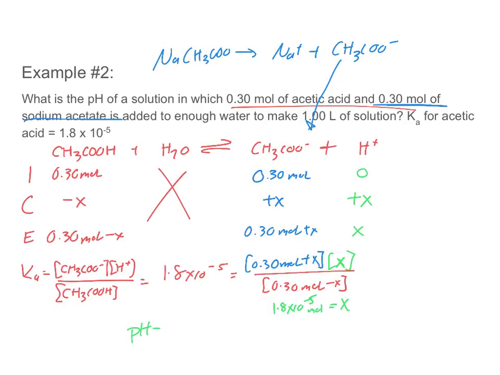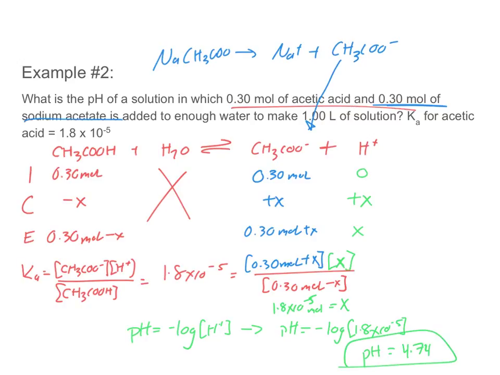So when I calculate the pH here, which will be the negative log of the H plus, which gives me the pH, which will be negative log of 1.8 times 10 to the minus 5, which gives me a value for my pH this time to be significantly higher, 4.74, which is going to validate the question from the POGL that asked you how could you compare the pH of a buffer with the pH of a weak acid in water. Example number 1 is a weak acid in water. Example number 2 is the buffer system of that weak acid.